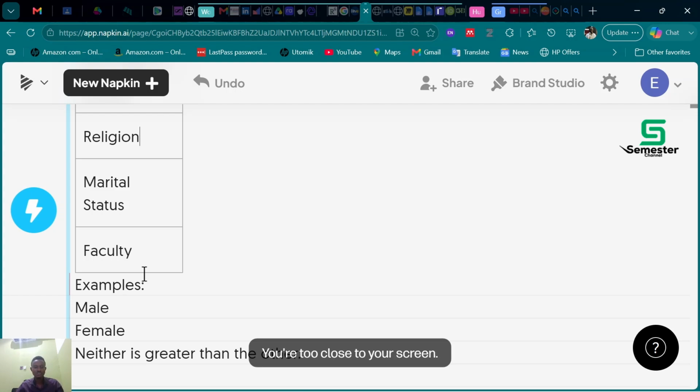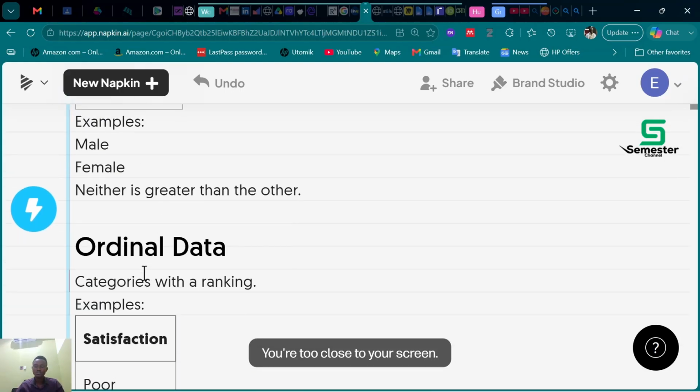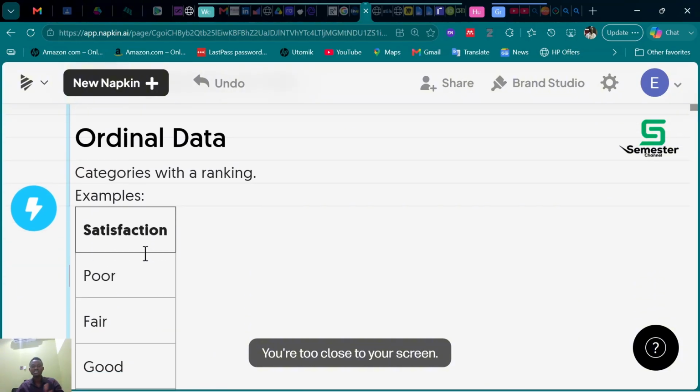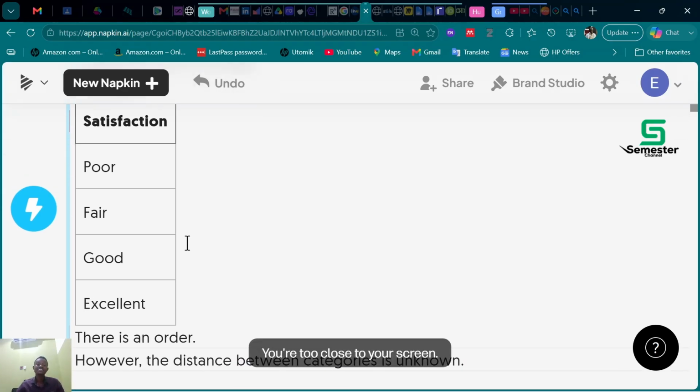You see? Good. Now, one thing you also have to note about nominal data is that neither is greater than the other. Okay, but when you talk about ordinal, the name is even implicative. There is an order, there is some kind of hierarchy or ranking, right? So, for instance, satisfaction, you are either poorly satisfied, fairly satisfied, you are excellently satisfied.